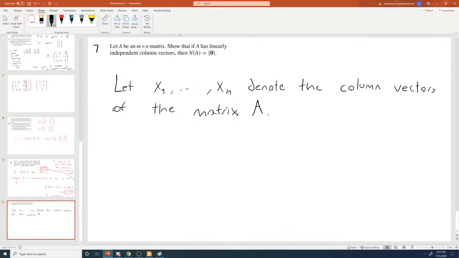So here's what we're going to observe. Suppose Ax equals 0.